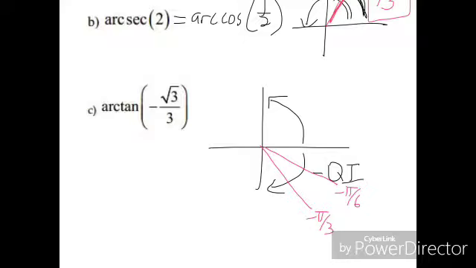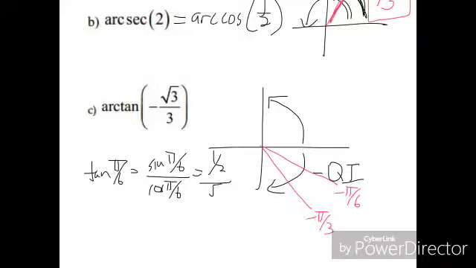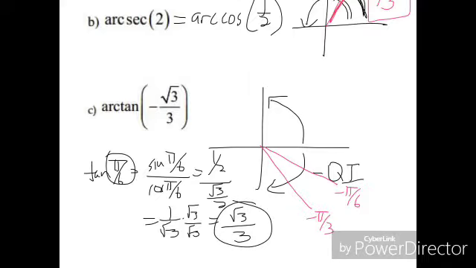So just briefly, tangent pi sixths would be sine pi sixths over cosine pi sixths. That's 1/2 over square root of 3 over 2. That's 1 over square root of 3, which we can rationalize, although they said we didn't have to for this problem. There we go. That's the value we have. We have the one where tangent is square root of 3 over 3. That's the pi sixth version.